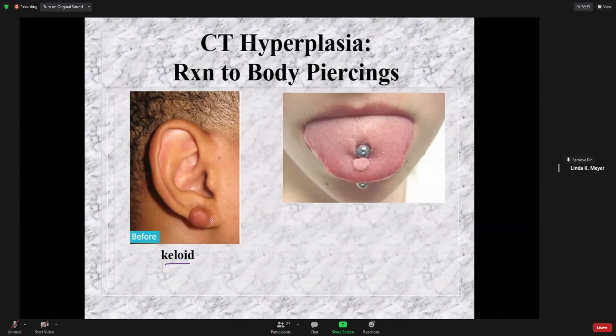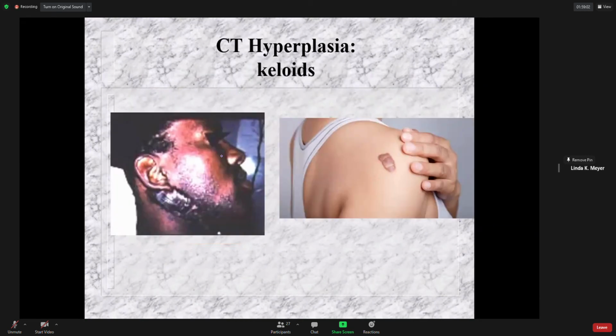Here's keloid formation from this oral piercing. And here's a very extensive keloid on that individual, but it represents hyperplastic scar tissue, which is loaded with collagen fibers.